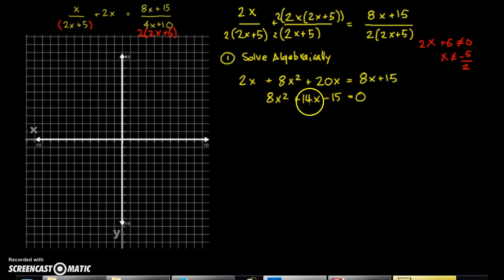I'm going to need to break up that 14x to give myself some common factors. It's got to add up to 14 and multiply to get 8 times negative 15, negative 120. Well, actually 20 times 6 gives me 120, so it looks like it's pretty obvious. 8x squared minus 6x plus 20x minus 15. And now I can break these things up.